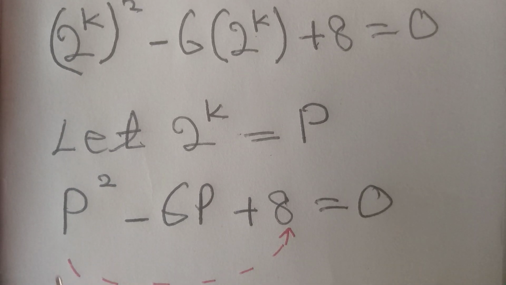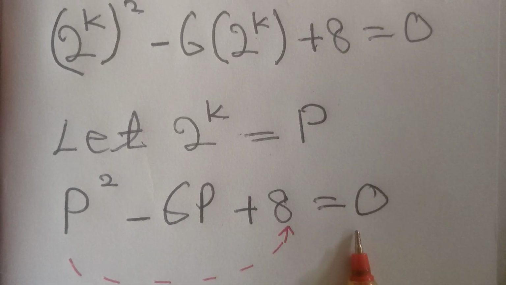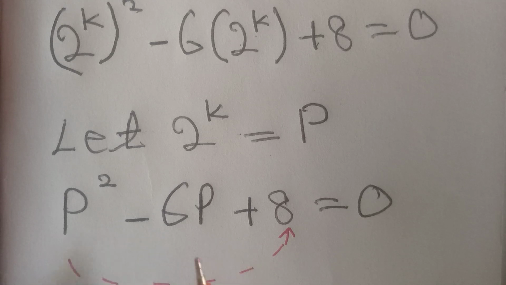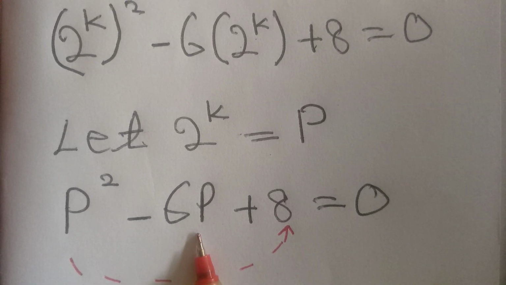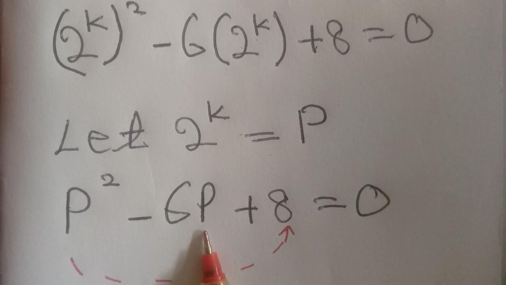Then when you arrive at a quadratic equation in this manner, that is, you were not originally solving quadratic equation, something else led to it, it's very important that you try factorizing the equation. It is only when the quadratic equation does not factorize that you try the other methods, such as formula method and completing the square method.